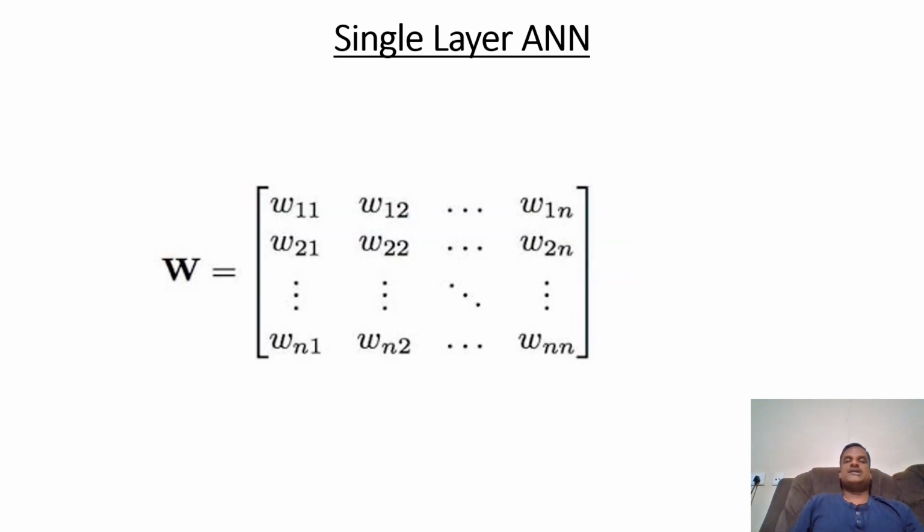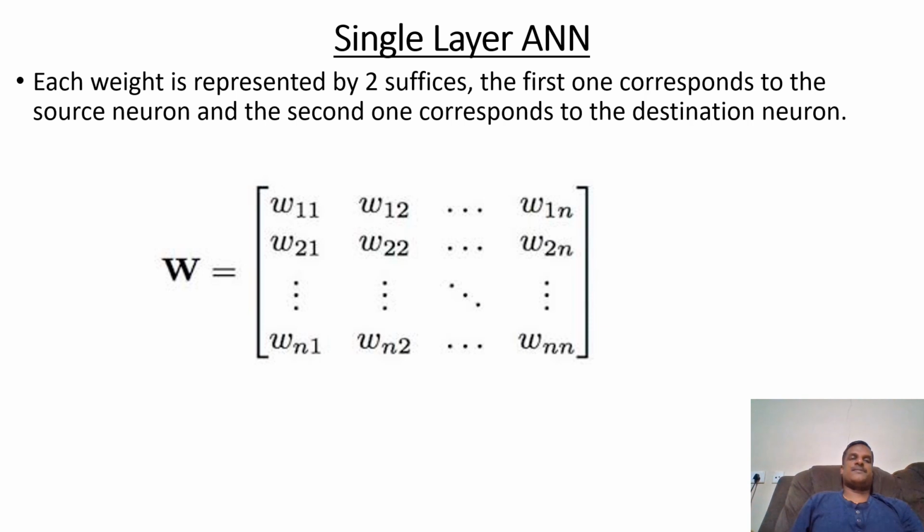We have already seen what is meant by a weight value. It can be represented in the form of a matrix. The first value in your suffix shows the row or source, and the second value denotes the destination. Likewise, you will have an n cross n architectural weight matrix.